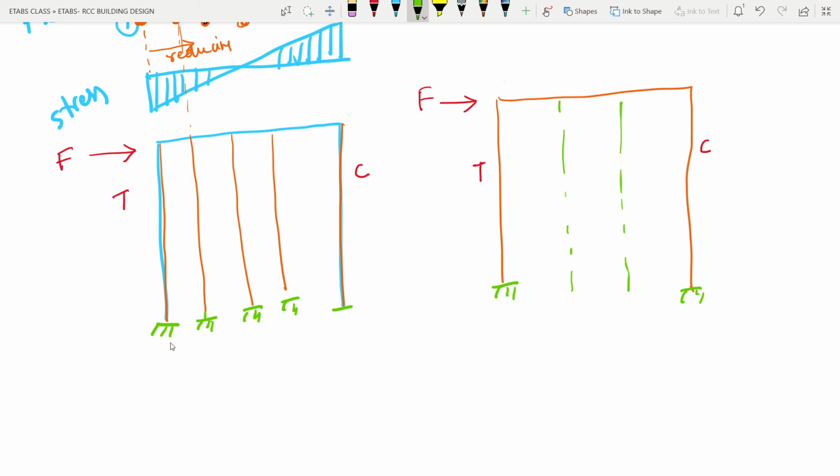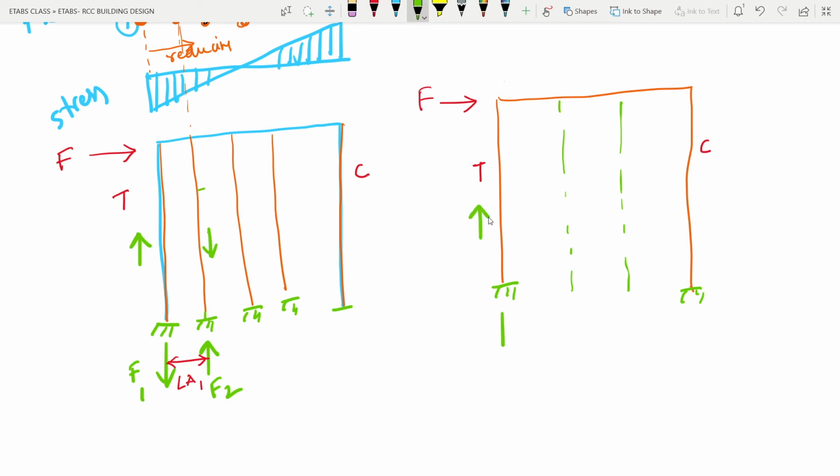If you see the resistant force here, as we are having tension, the resistant force will be going down, F1. As we are having compression here, the resistant force will be going up, F2, and the distance between these two forces is what we call the lever arm. Suppose this is lever arm 1, and the same thing we do here.